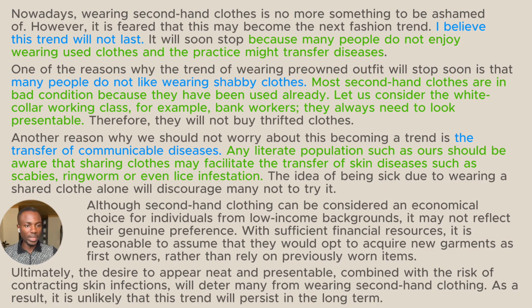We try to use a lot of paraphrase, which is what is expected for advanced learners. Instead of pre-owned outfit, we sometimes use second-hand clothes, we use thrifted clothes, we use shabby clothes. And then, instead of it is feared, we use people worry, we use it is feared that.